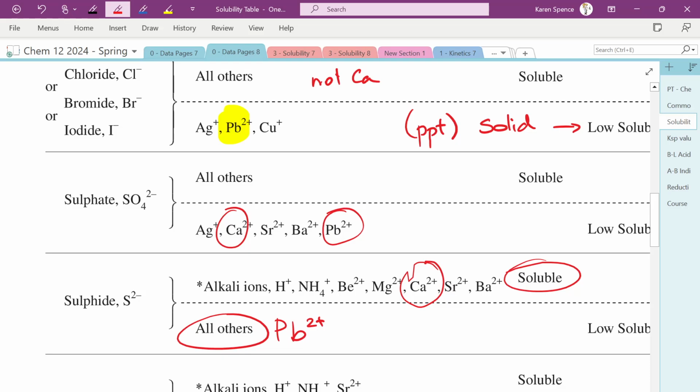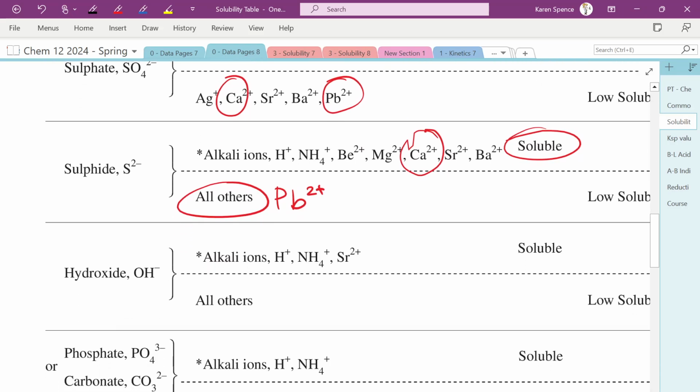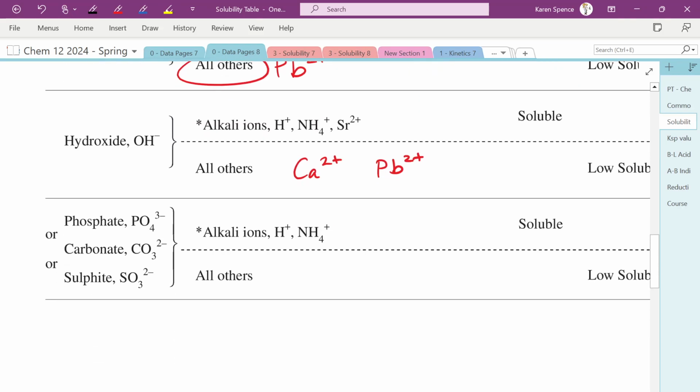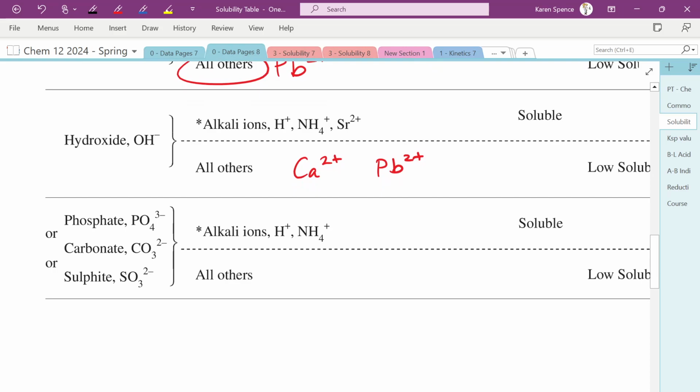Okay, so you could use sulfide or chloride or bromide or iodide. How about hydroxide? No, because calcium and lead both fall down here. And how about phosphate, carbonate, sulfate? No, again, calcium and lead would both precipitate. So you couldn't tell the difference between them if you used that.